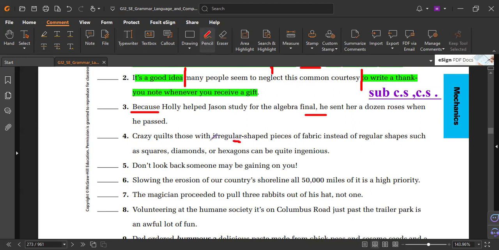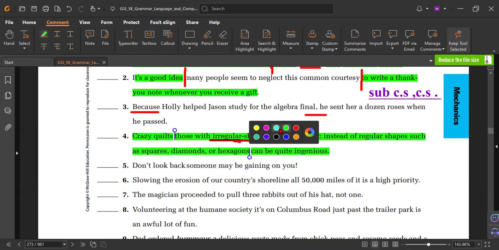This hyphen is for the compound adjective. But if you read carefully, you will find this part with this part. Between them, it's non-essential information. Remember that here we need a dash, and there we need a dash.